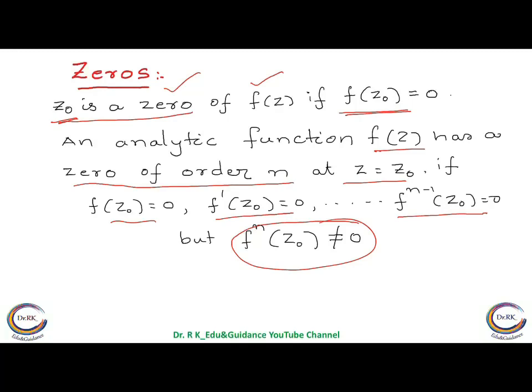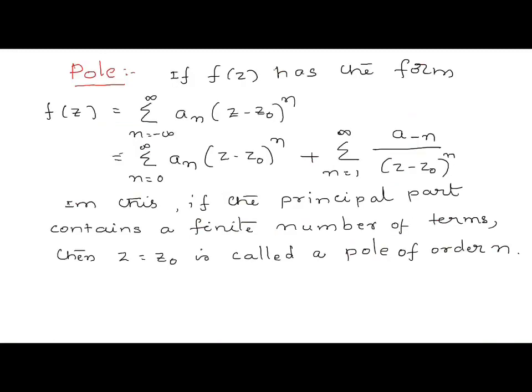Next is a pole. If the function f of z has the form f of z equals the summation over n from minus infinity to plus infinity of a_n (z minus z naught) to the power n, this can be written as the summation n equal to 0 of a_n (z minus z naught) to the power n for positive values, plus the part for negative values.